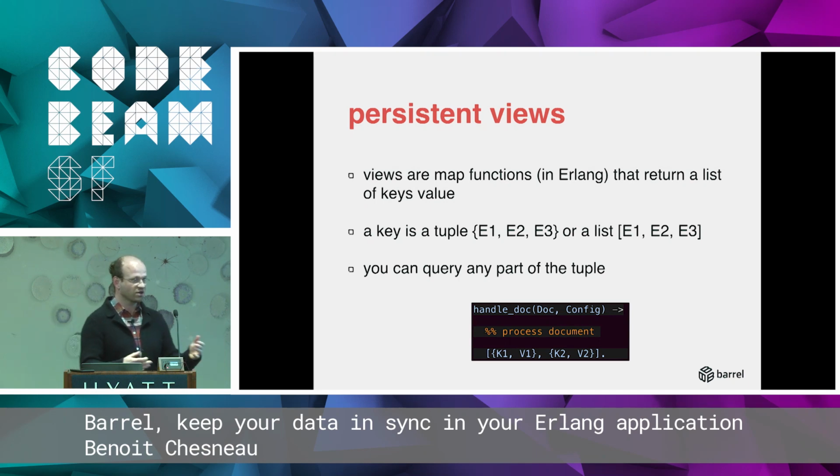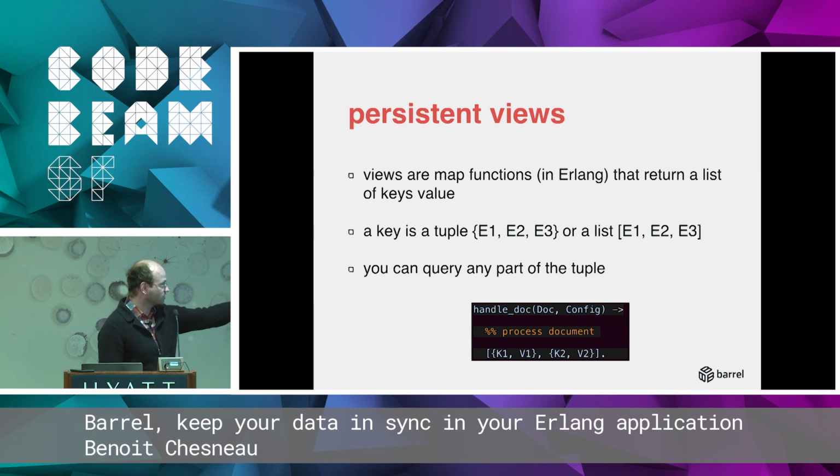It doesn't return one key value, it returns a list of key values. A key is a tuple, or a list of small keys on which you will be able to query. So you can query a part of the tuple. If you want to query anything in your views that starts by E1, you just pass that path to the query engine. And you can query any part of the tuple.